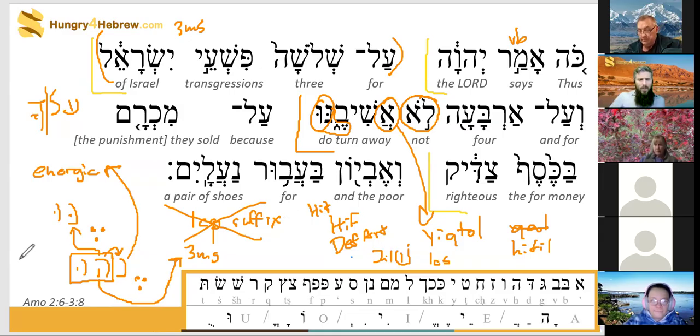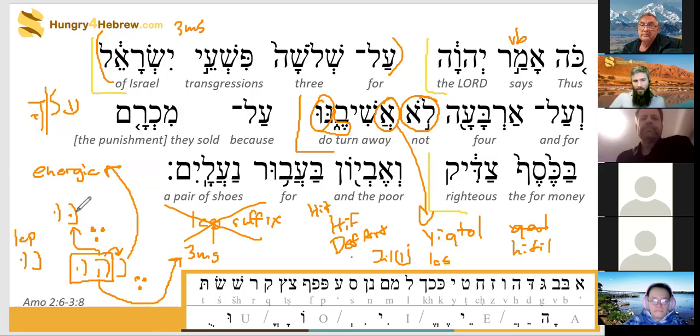If we're talking about just a plain old nu without a dagesh, then it definitely is 1cp. It refers to us. But with that dagesh in there, it clues us in that something else is happening here, and that's why we're having this big long discussion about the energic nun. It looks like us, but that dagesh says no, it's an energic nun and a different hu suffix.